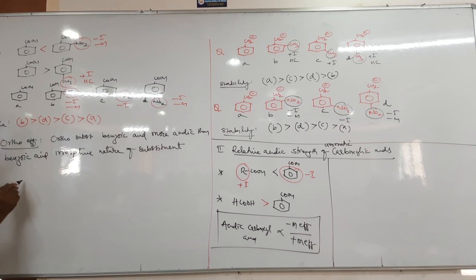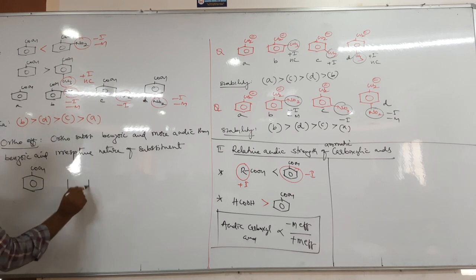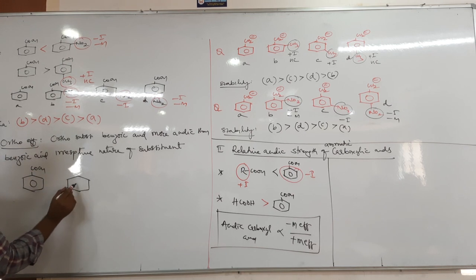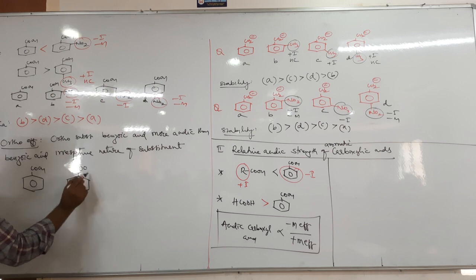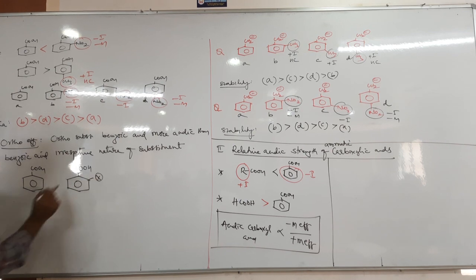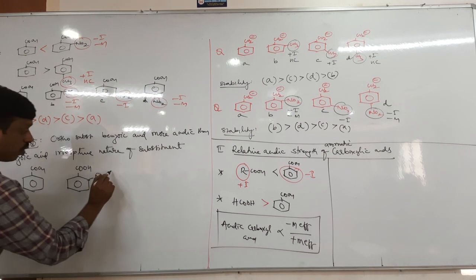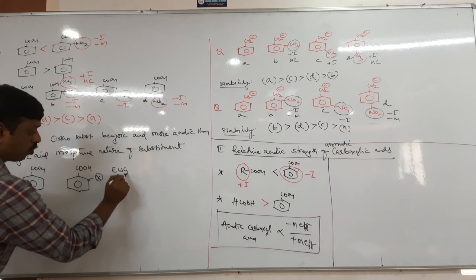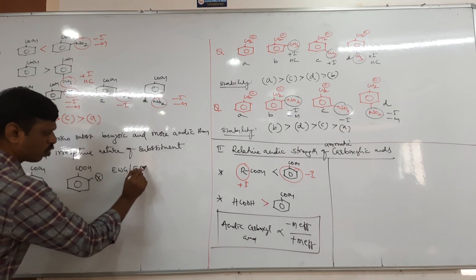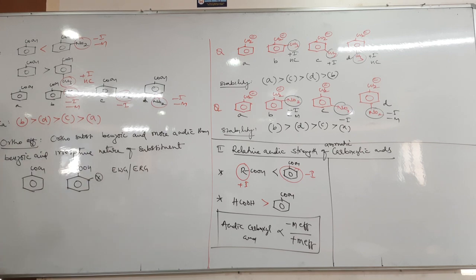It means, suppose let us take benzoic acid and another benzoic acid having some X group on the ortho position. This X may be an electron withdrawing group, or it may be an electron releasing group also. If any group, let it be electron withdrawing or releasing, is present on the ortho position, then the ortho benzoic acid itself is more acidic.